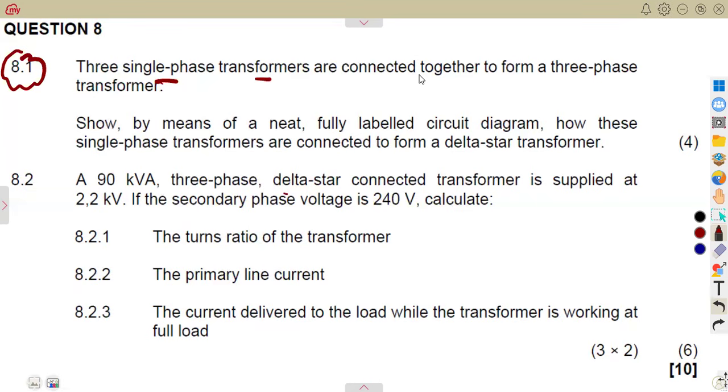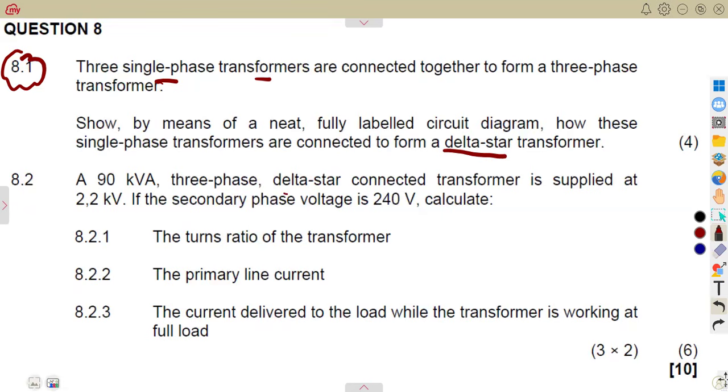So the question was to show by means of a neat, fully labeled circuit diagram how these single-phase transformers are connected to form what is formed at the end, a delta star transformer, which is to act as a delta star unit, as a single unit. They are connected together to form a single unit. How is it connected? That is the question.